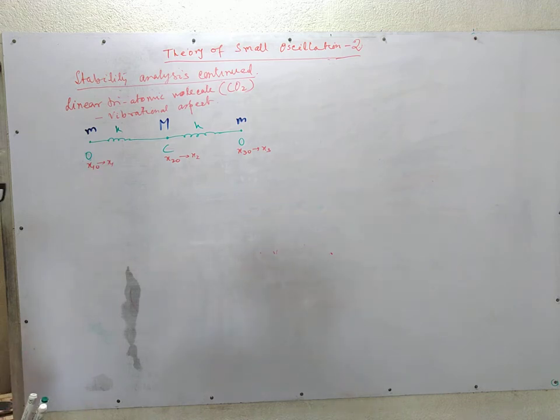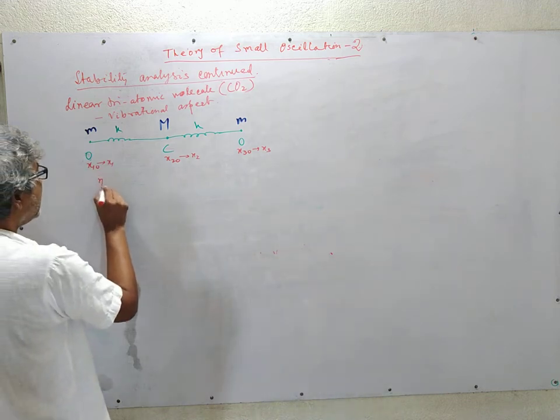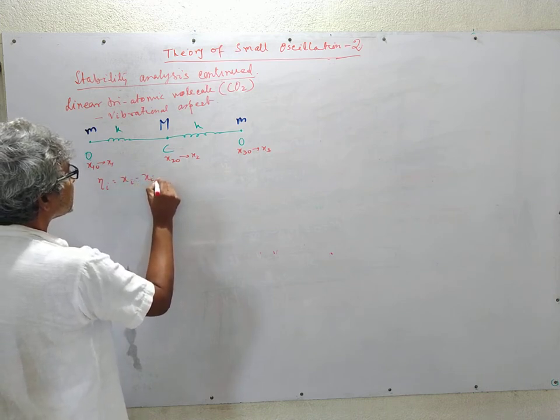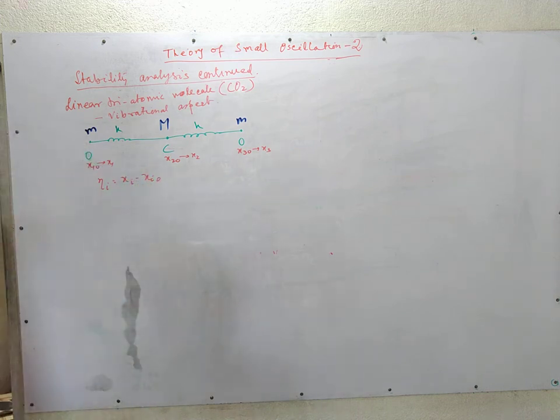So we define eta i equal to xi minus xi0, where i is 1, 2, 3.